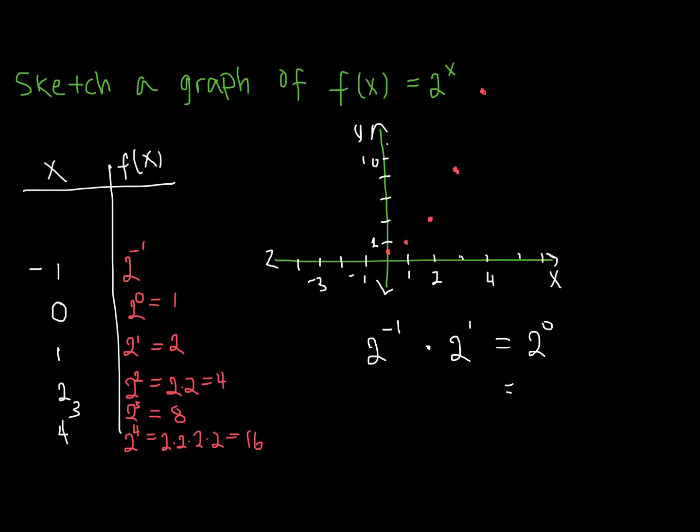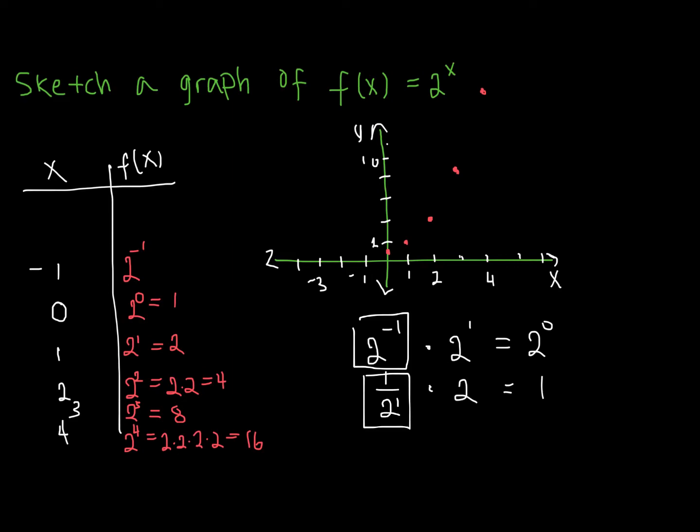Well, what's 2 to the 0? 2 to the 0 is 1. 2 to the 1 is 2. And so you're trying to figure out, well, what is 2 to the -1? It's just as simple as saying, what times 2 equals 1? And you have to multiply by the reciprocal. So 2 to the -1 is going to be 1 over 2 to the +1.